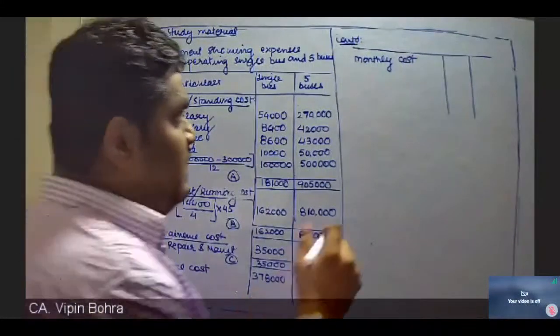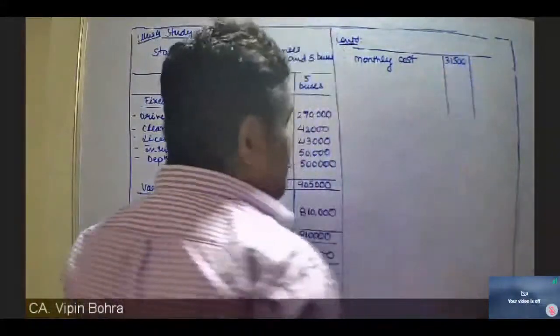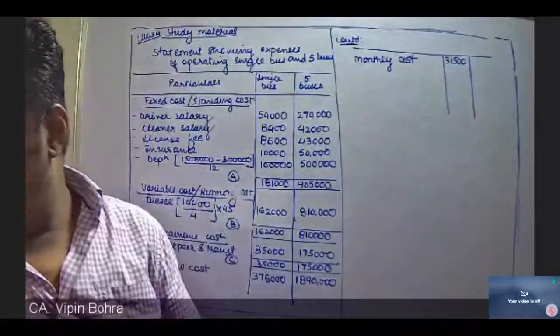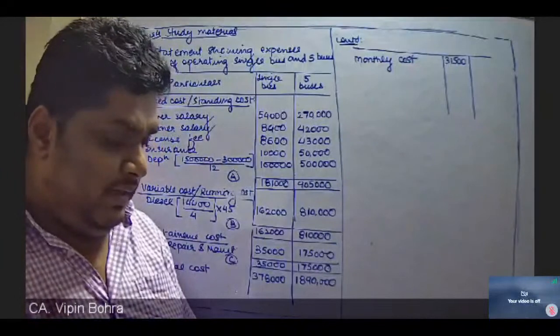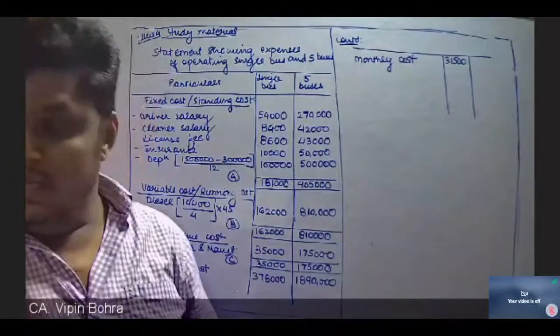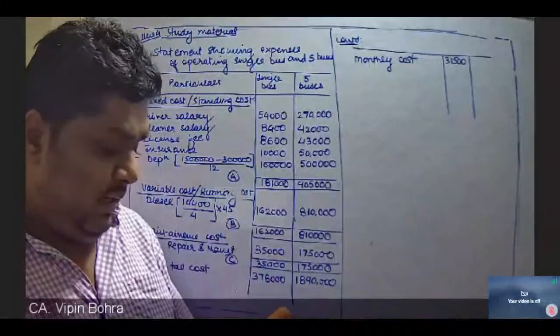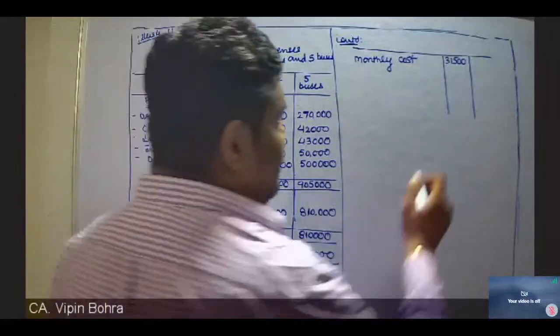So the monthly cost will be 31,500 for one bus, and for 5 buses it will be 18,90,000 divided by 12, that is 1,57,500.